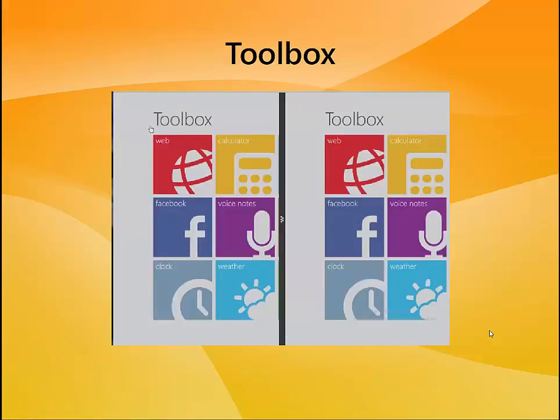Okay, now we're going to take a look at the Toolbox application, which is available for free at the App Store. It's a way to have several different panels that you can then choose widgets to have in them. Most of the widgets are free, some are paid for.